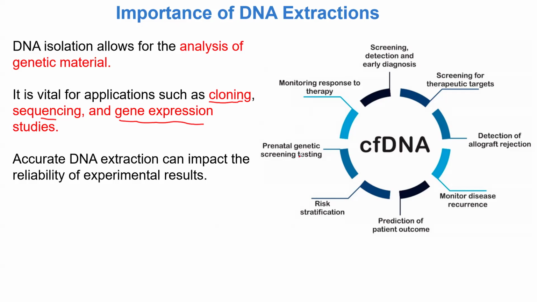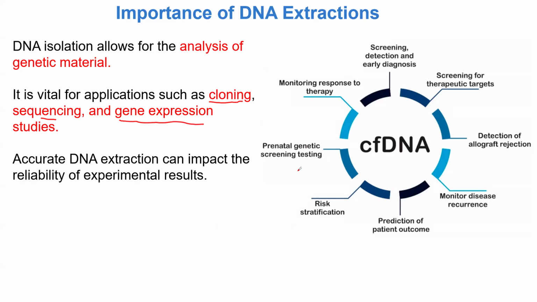In addition, we have prenatal screening, or prenatal genetic screening testing. In a pregnant woman, you can get the DNA from the child, from the baby in the womb, to identify genetic risk factors, for example cardiovascular disease. You can get an aliquot of the DNA from the baby of the pregnant woman.